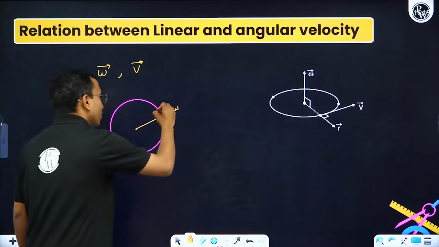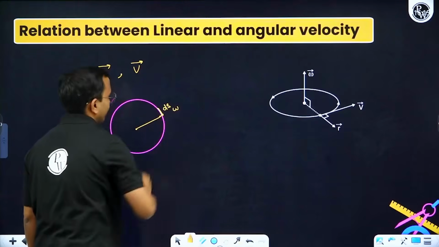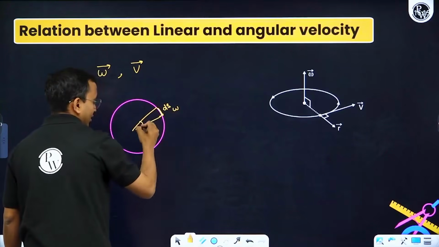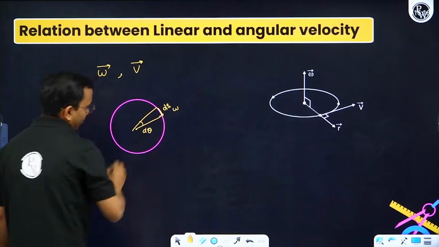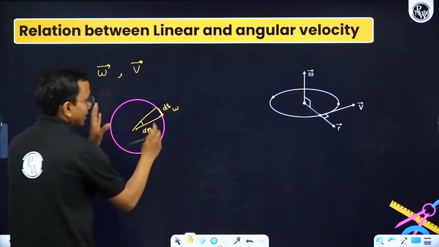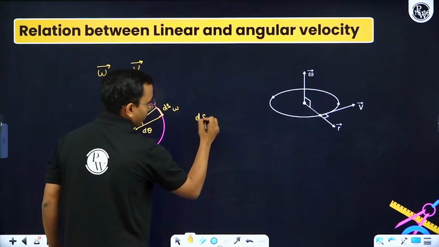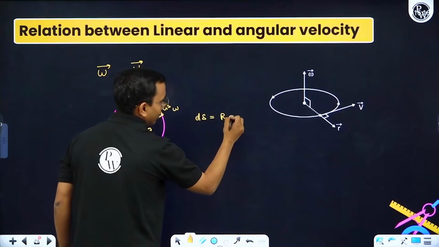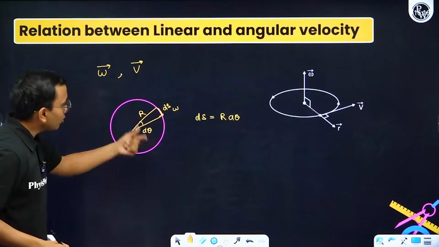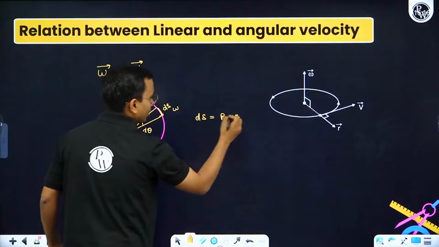It would have covered some distance, let us take this distance ds. Here this angle is d theta. It covered this distance ds, and I'll say that ds is equal to r into d theta, because the length of an arc is equal to the angle subtended by the arc times the radius. That is clear.